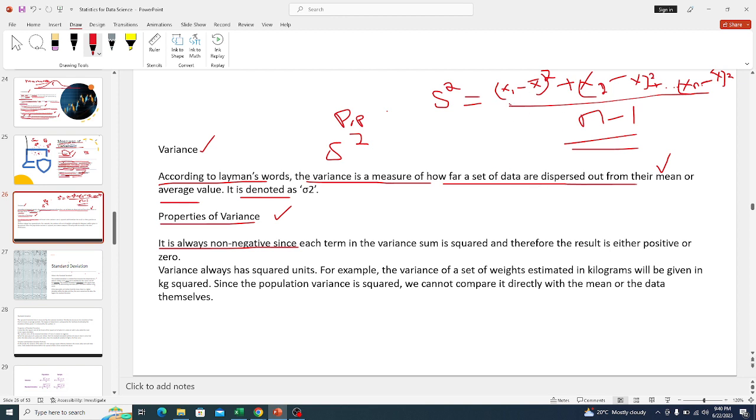We can also make it simple by using summation.